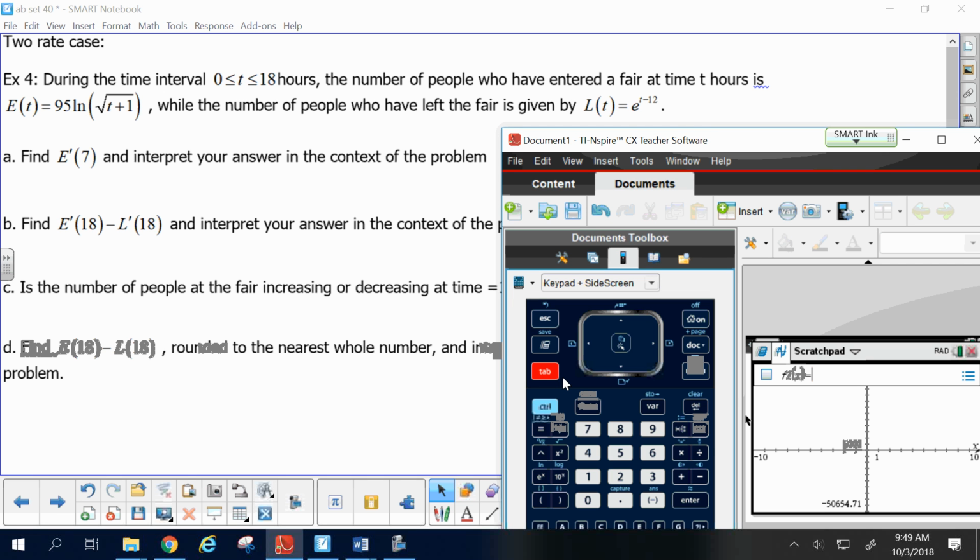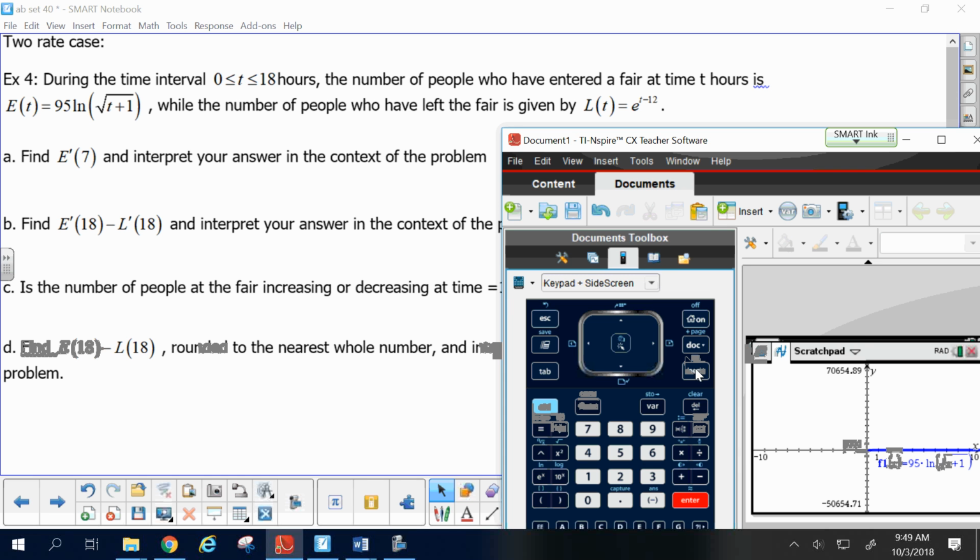Okay? The square root of x plus 1. What the heck is going on? The square root of x plus 1. I think that's right. Wow, that's really small. Oh, my window's still set to the previous problem. No wonder it's so small.